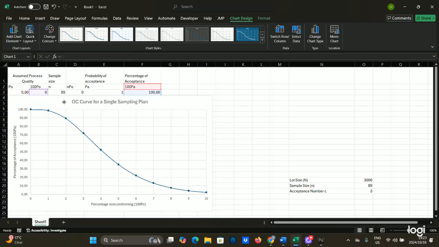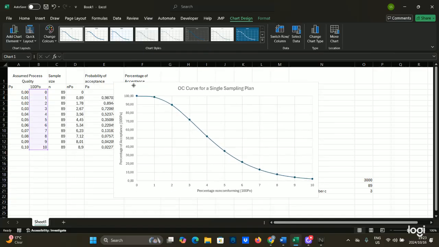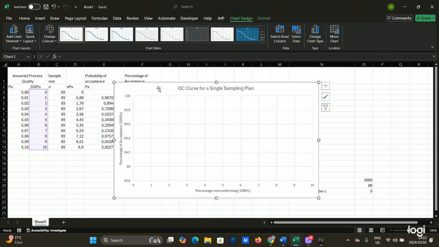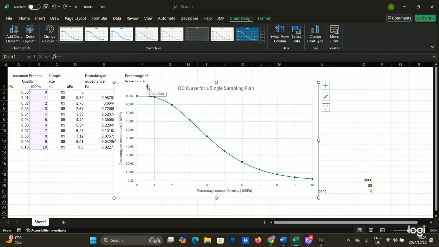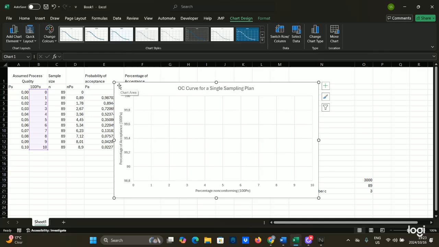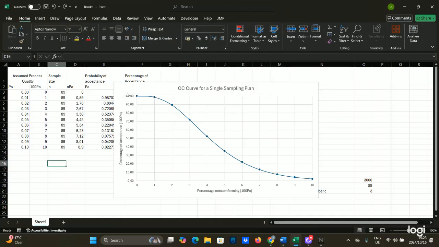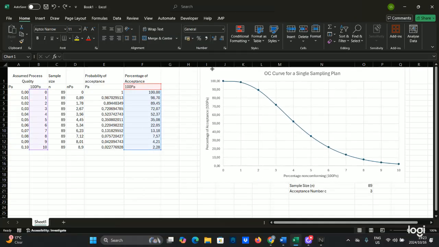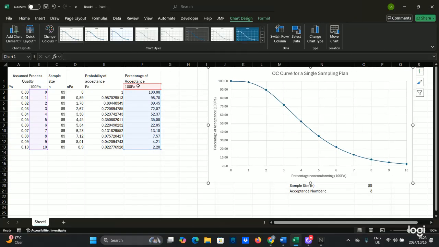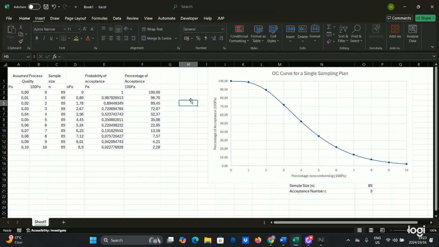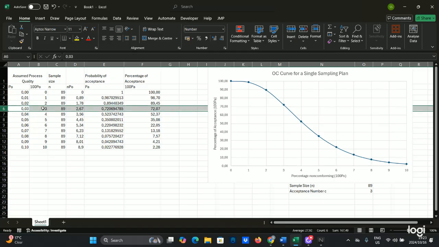So now after you are done with your OC curve, you can determine your probability of acceptance. You can determine it from the graph, or you can determine it from your data. From your data, since your acceptance number is 3, it's going to correspond to this, which is the expected defective.